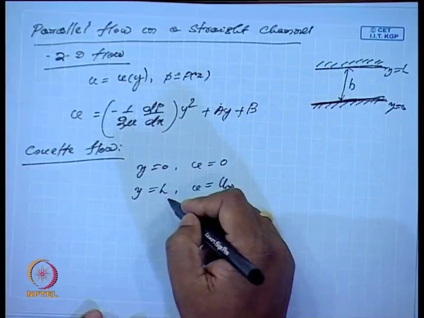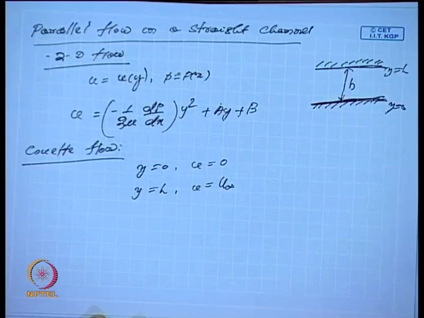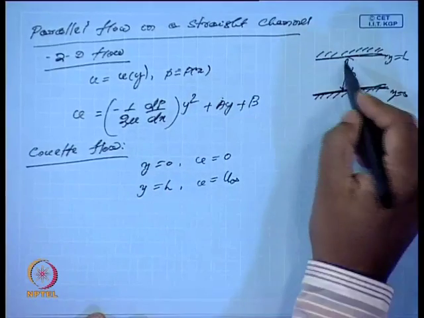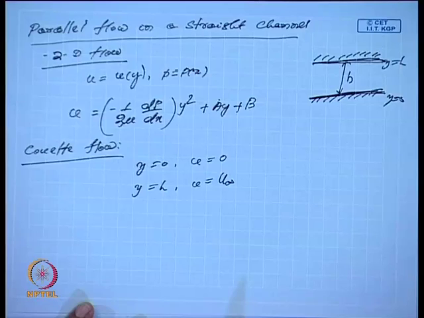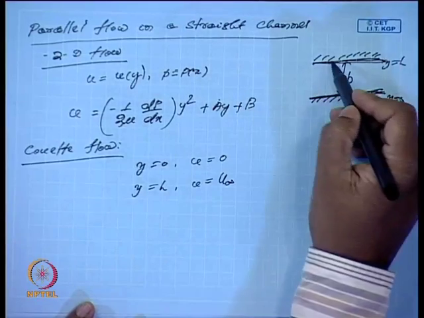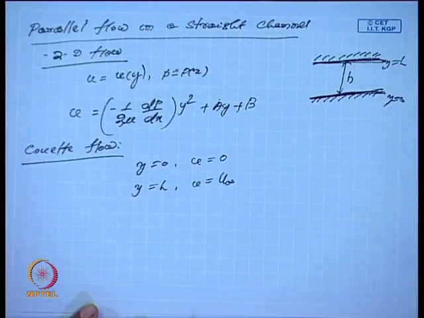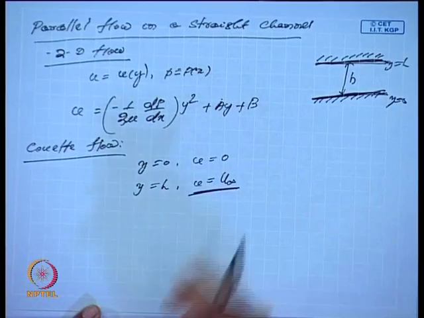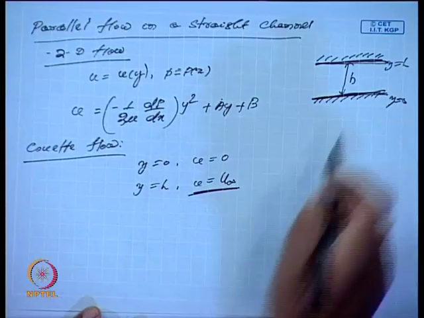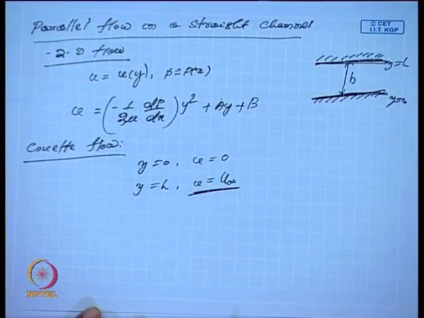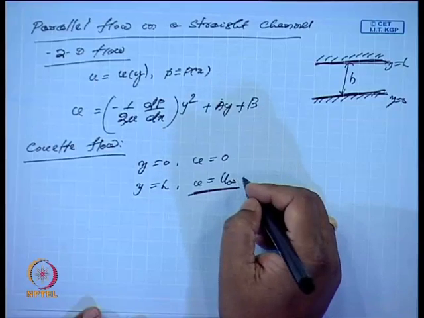The other plate is at y equal to h, and we assume that this plate is moving at a speed u infinity, steady motion, where u infinity is a constant uniform speed. That means this plate is moving at a uniform speed at y equal to h.